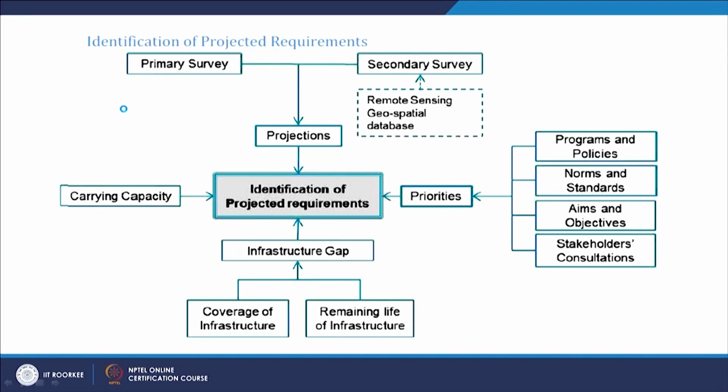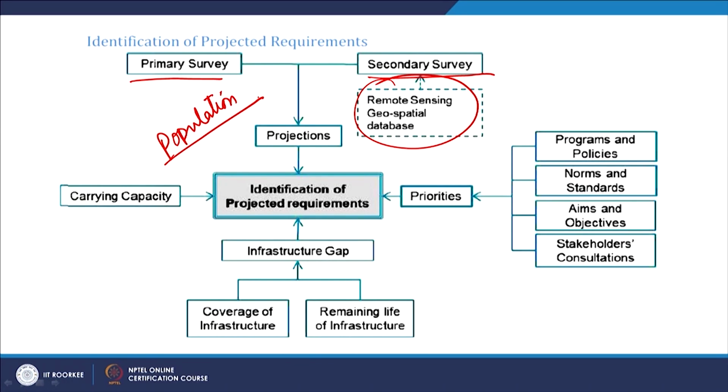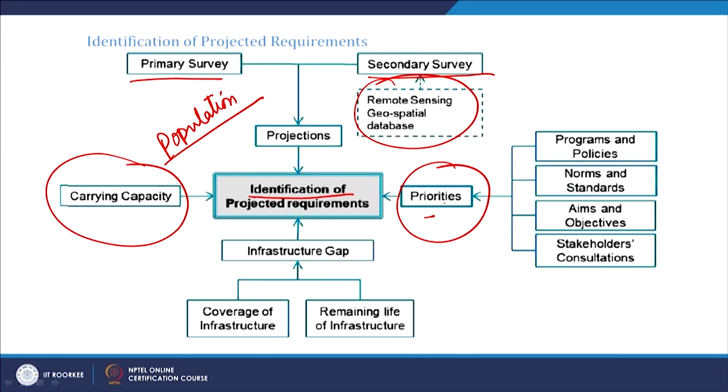So, this stage denotes how projected requirements are assessed at the urban local body level based on primary surveys and secondary surveys. Using remote sensing and geospatial databases, we make the projection of the population and based on that we identify the projected requirement in terms of each and every related infrastructure. Then we also discuss the priorities and the carrying capacity of the municipality or the city as such, and for deciding the priorities, these are the guiding factors.